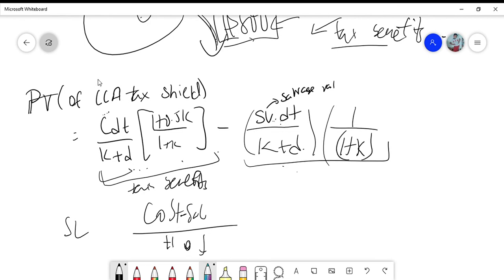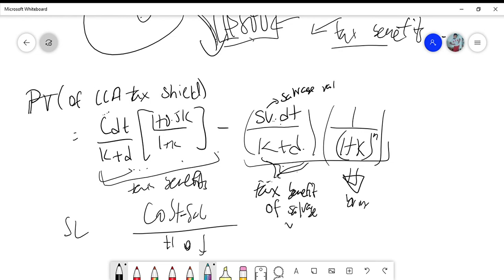So 1 plus R, which is K, to the power of N. This part is just bringing it back. And this is the salvage value, where there are no tax benefits on the salvage value. That's basically this. Okay, cool.